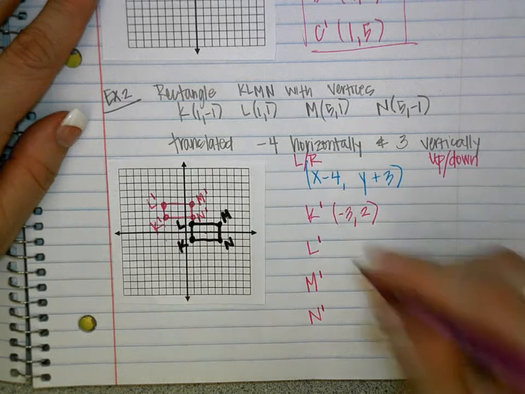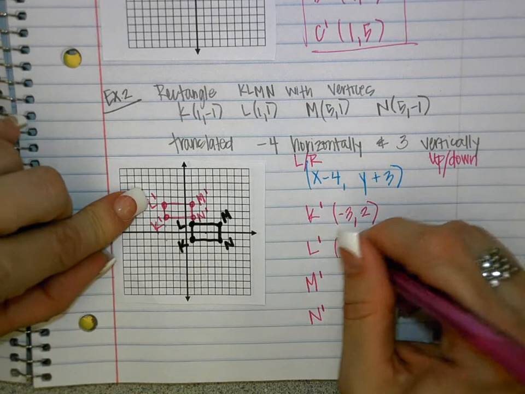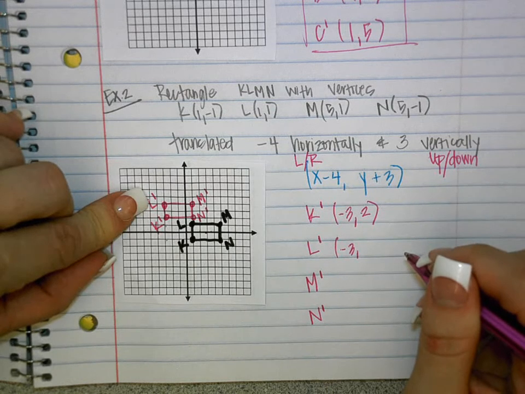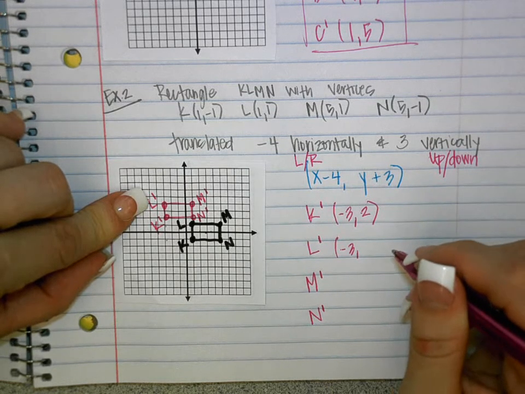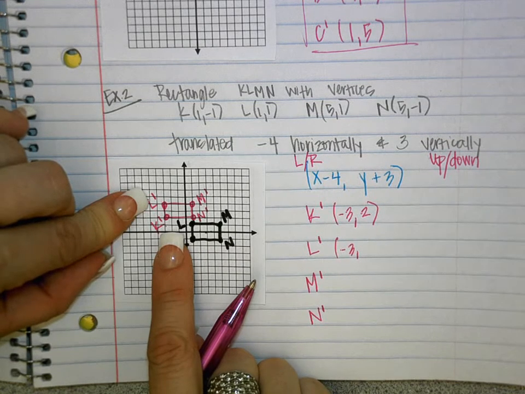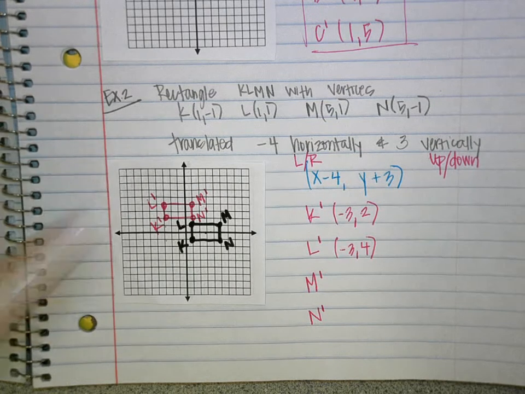What did we get for L? L prime should be at negative 3, and up how many? 4. We're almost there.